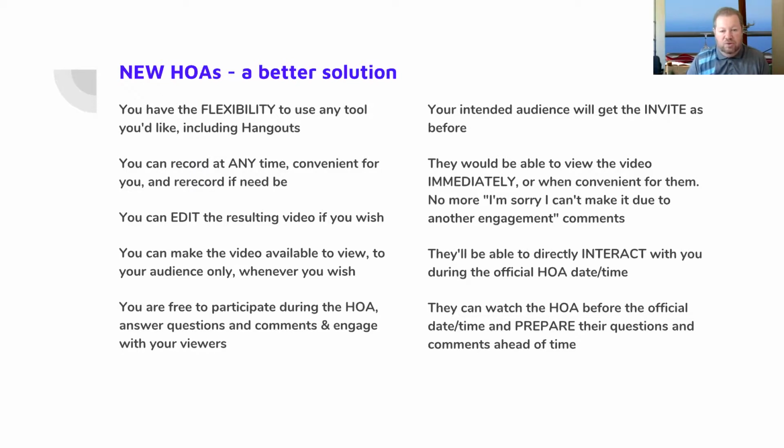And so if the video is private or unlisted, that means nobody can see it until you give somebody a URL, or if it's private, nobody can see it, period, unless you change the status to public or to unlisted with giving people the URL so they can see it. So that's another benefit of this approach, is that you have control when you actually turn the video on for everybody or a certain group of people to see.